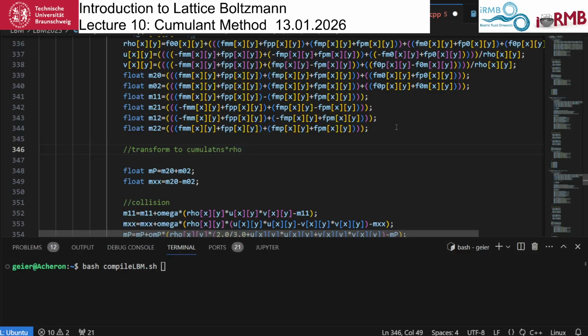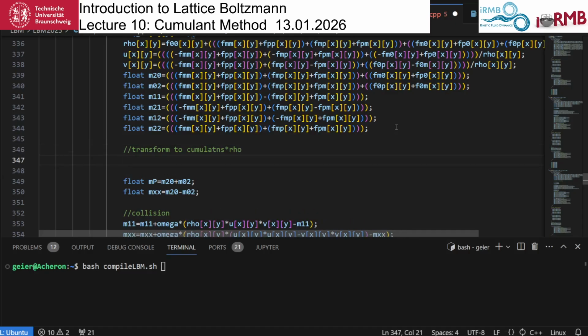Okay, we are not using cumulants, but we are using cumulants times rho, right? And we want to have the incoming population moments, so all of them now need not be modified at this point. So we go directly after we have the moment transform.